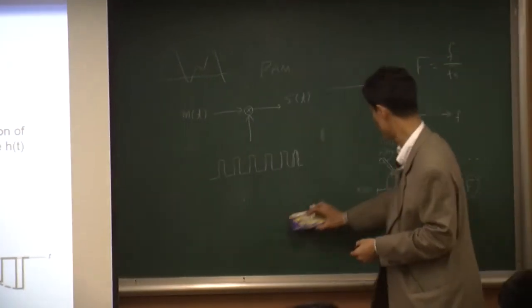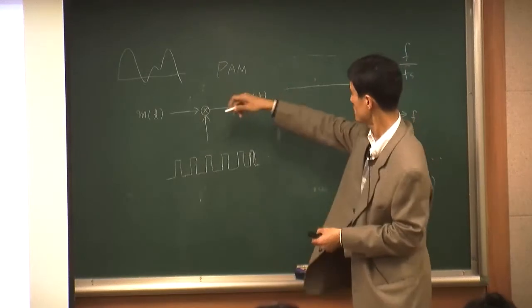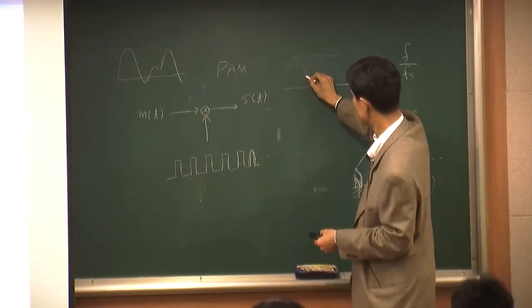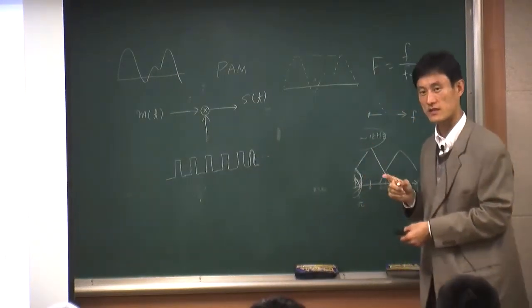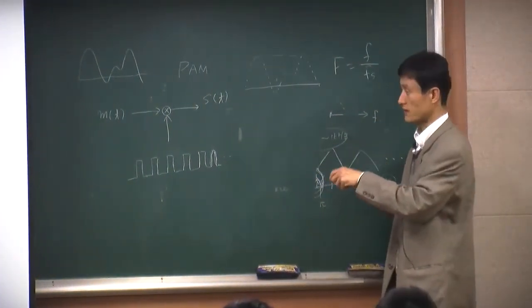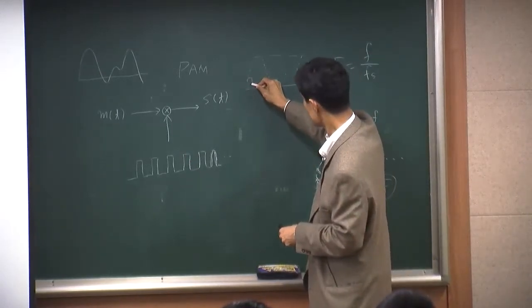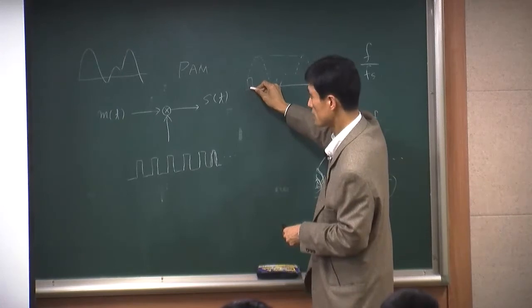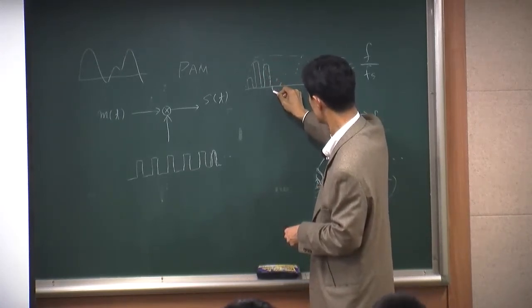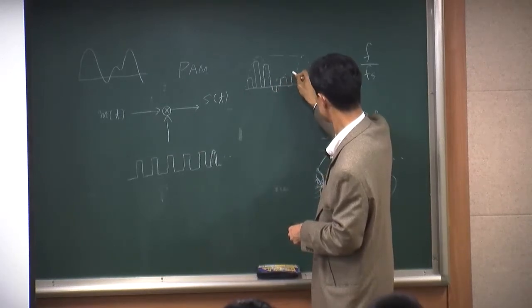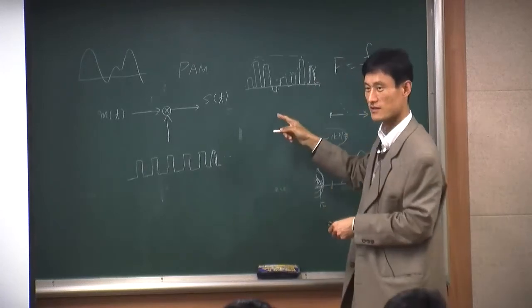Now you multiply the message by the pulse train, and what you're going to get is something like this.